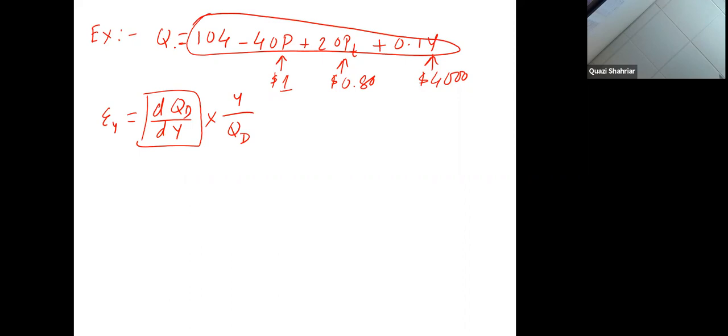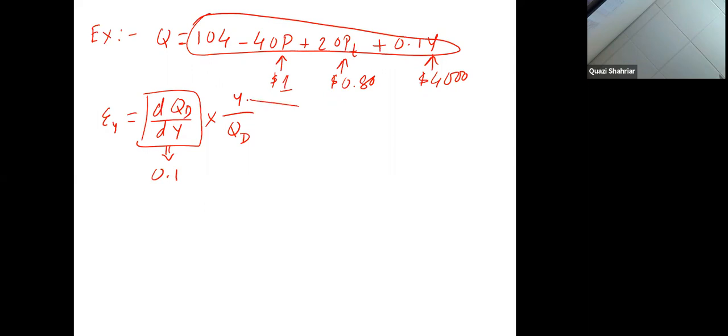We'll treat the income variable, the Y variable, as the variable of interest, and we're going to treat P and PT as constant. As a result, when you differentiate this whole thing with respect to Y, you'll get just 0.1 as the solution. So this is equal to 0.1.